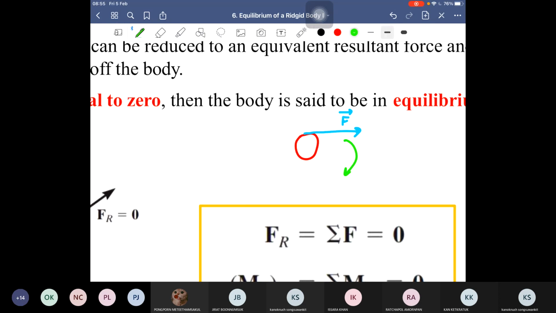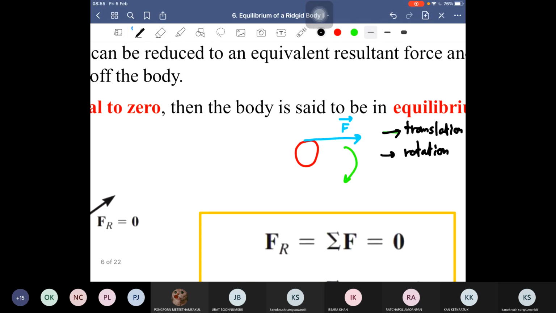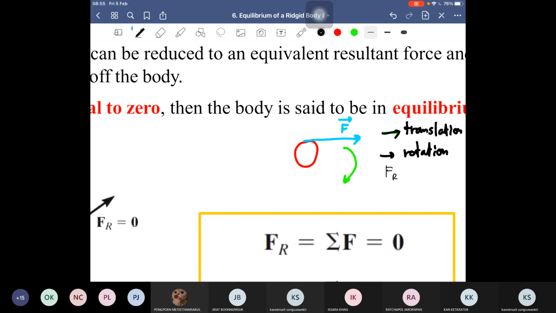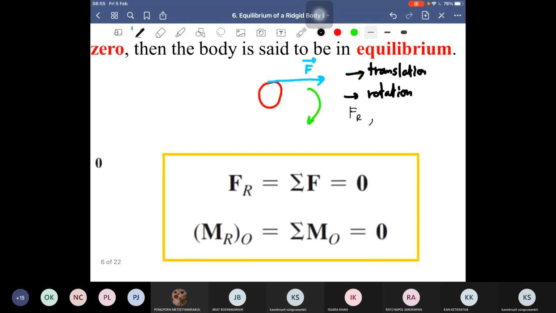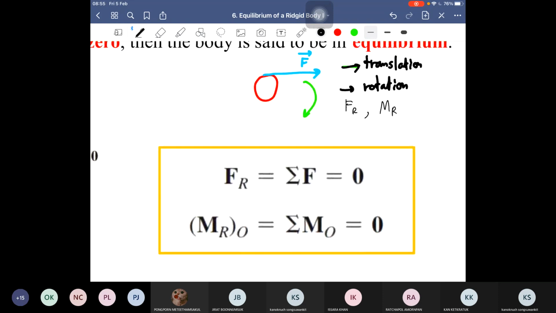So for a rigid body, if you exert a force, it has both translation and rotation. So we need to consider both sigma F, or the resultant force, Fr, together with the resultant moment, Mr, about any point.